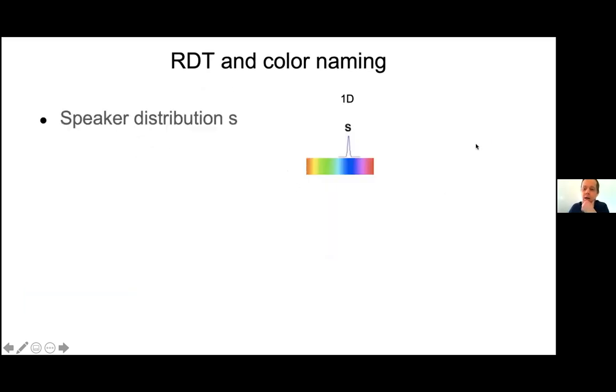Okay, so let's talk about the basic elements we need to actually apply these ideas and these definitions of communication cost and complexity. The most important part of the whole framework is how we formalize the idea of the distribution that the speaker has in her head. For the little picture I showed you before, to make things easy for the diagrams, I was showing color as a one-dimensional spectrum, and we were thinking about a distribution over that one-dimensional spectrum.